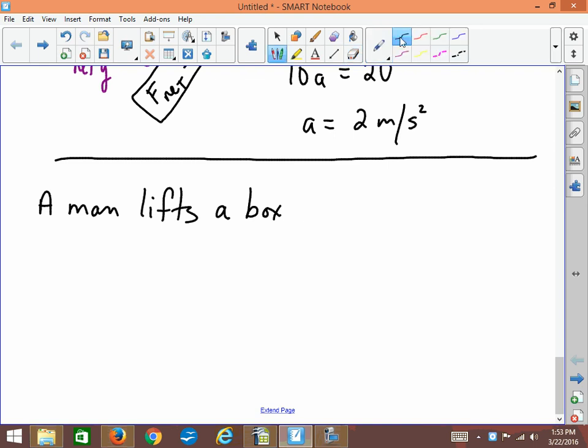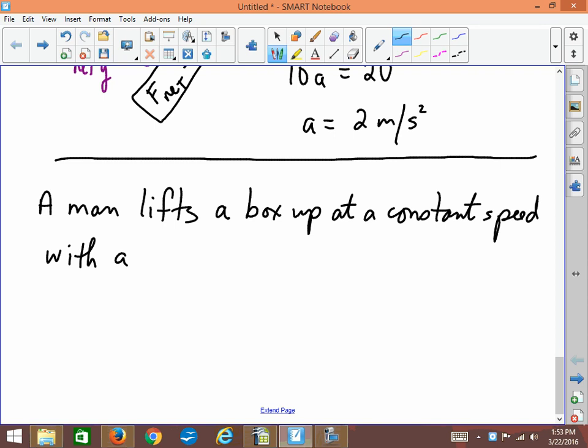So he's going to lift a box up at a constant speed, nice and steady, with a force of 20 newtons. Find the force of gravity.